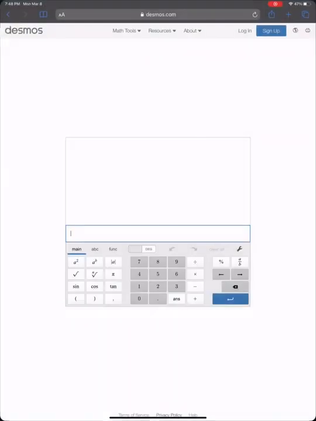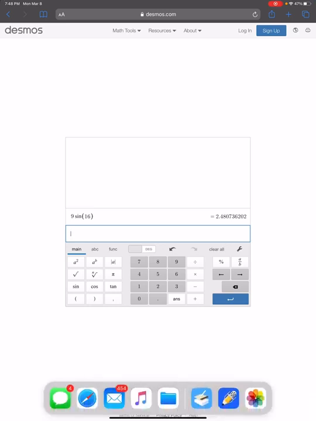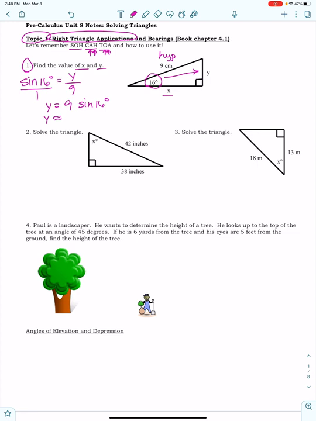So I'm just going to open up Desmos and I'm going to use sine. Oops, I forgot my 9. So I've got 9 times the sine of 16. So that gives me 2.48, blah, blah, blah. We are going to round these to 1 decimal, so I'm just going to round that to 2.5. So y is approximately 2.5 centimeters.